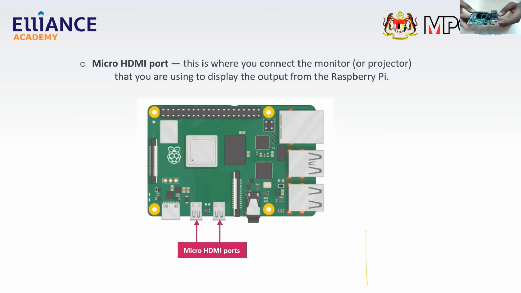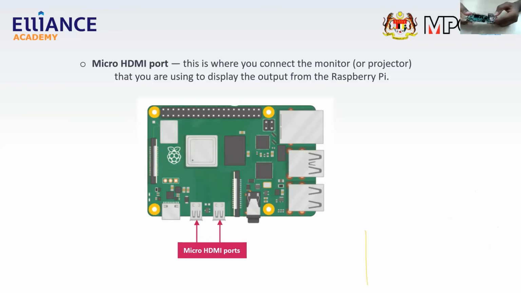This is where you connect to your monitor, projector, or TV screen that you'll use to display the output from the Raspberry Pi. For a normal PC, you have a desktop, where you view what is happening in the PC. You have your interface. It's similar to this Raspberry Pi. The interface will be displayed on the monitor.